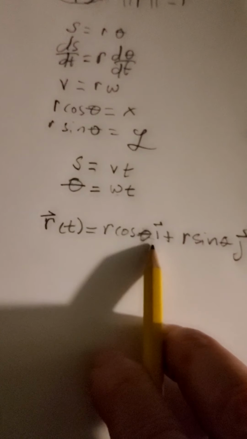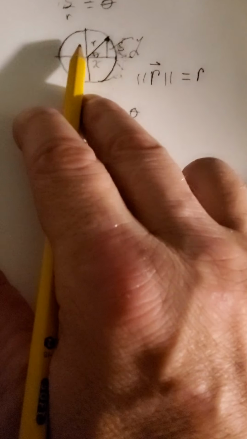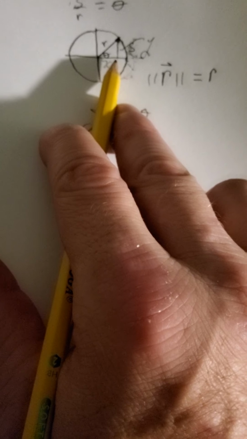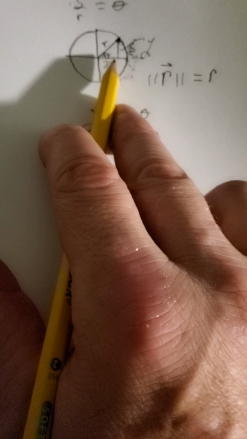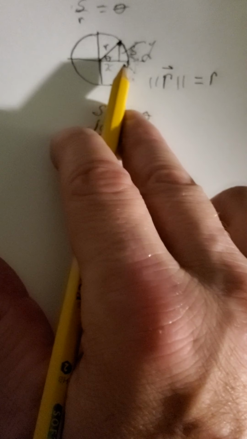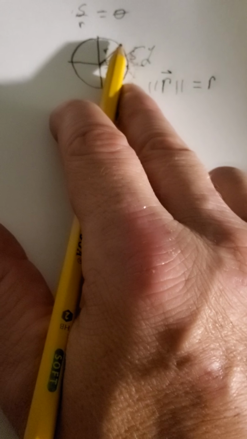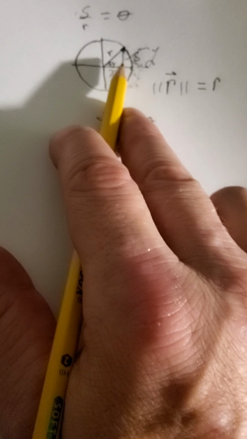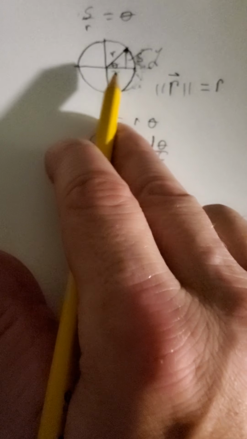I'm saying xi is the x distance times this i vector, which you define as a unit vector with magnitude 1, and then yj. So if you want to find the magnitude, you would say x squared plus y squared, and take the square root by Pythagorean's theorem, and you get r, right?